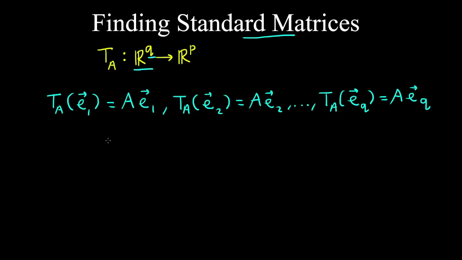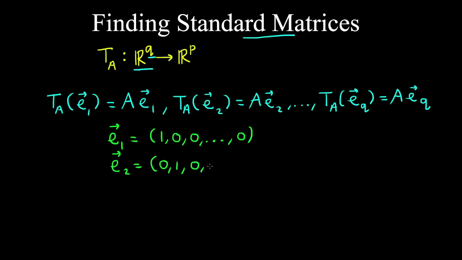As we know, the standard basis vector E1 has the first component being 1 and the remaining components being all zeros. E2 has all zeros except for the second component, and so on up to EQ, which has the Q component being non-zero.